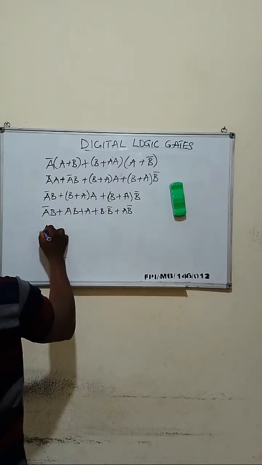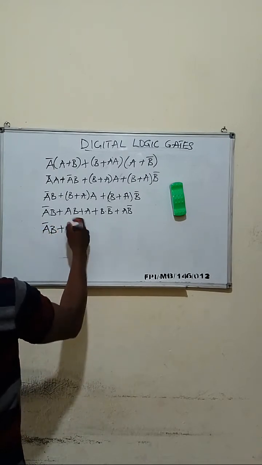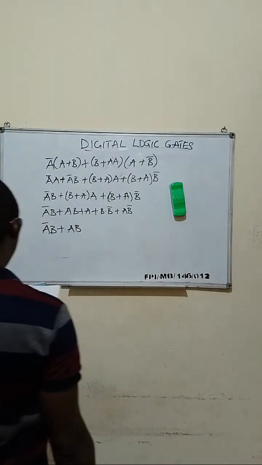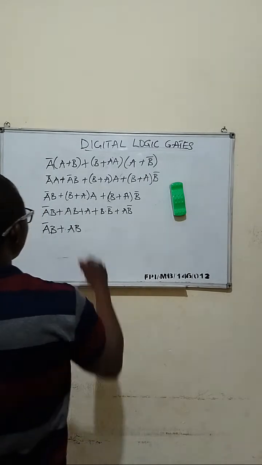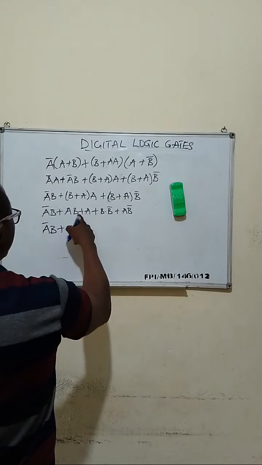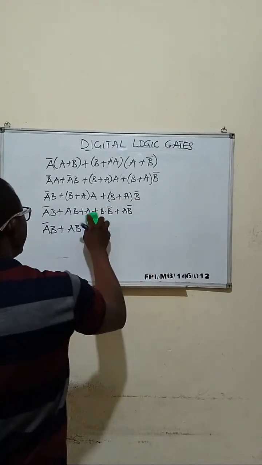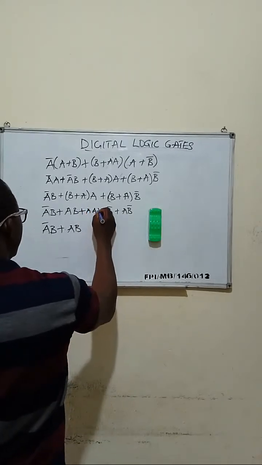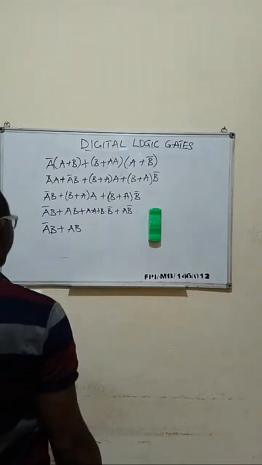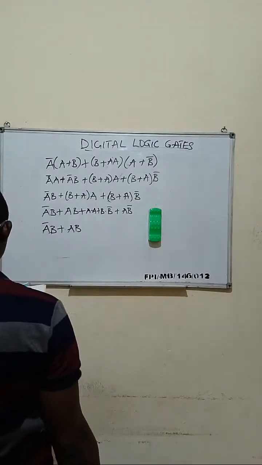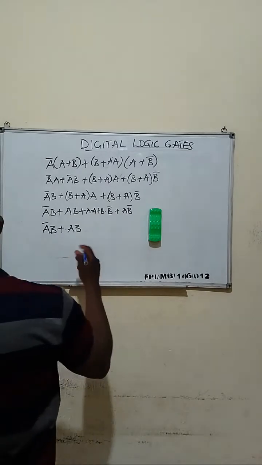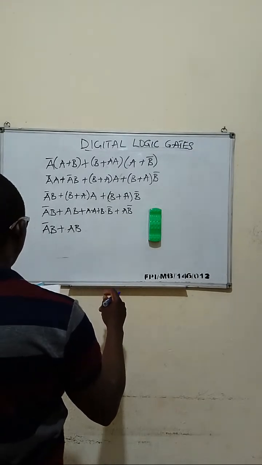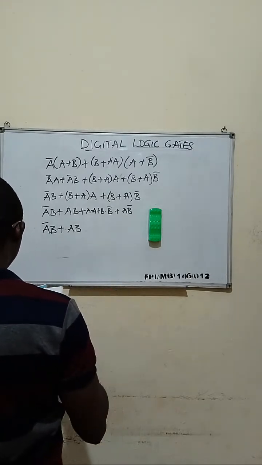So we're going to have A bar B plus AB, BA plus AA, sorry, that is A dot A here, which is actually A. It's always A. So here we can now do the factorization.